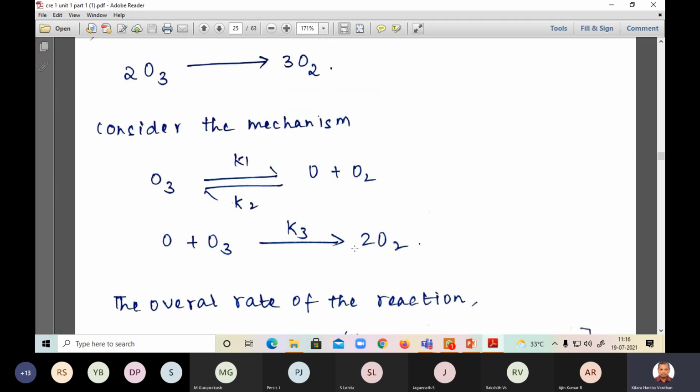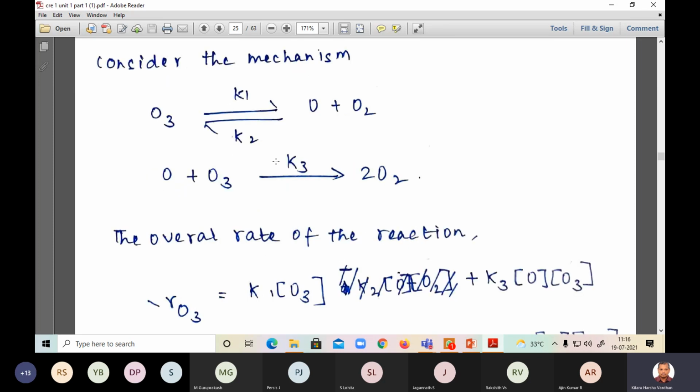Here I am not putting a fourth equation, because I could put K4 and K3 if you want. How you split it depends on you. You can put a single reaction or even a reversible reaction. So I am putting only 3 reactions here, 2 for disappearance and 1 for appearance.